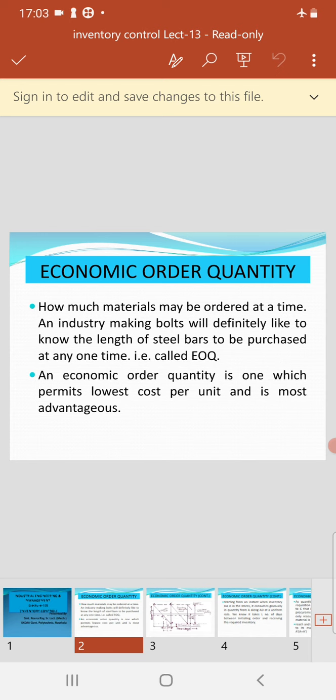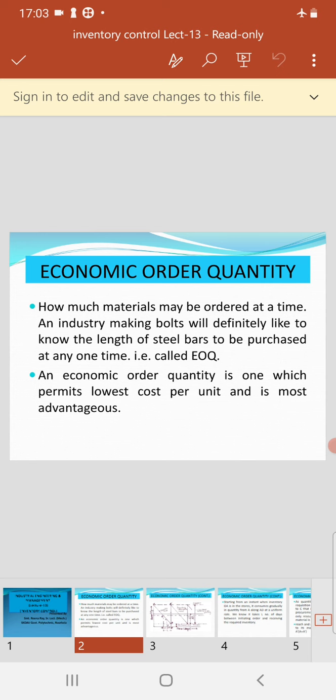An industry making bolts will definitely like to know the length of steel bars to be purchased at any one time. So depending on the manufacturing rate, the demand of the final product, and the costs associated with procuring and storing the items, the industry will decide what should be the economic order quantity.